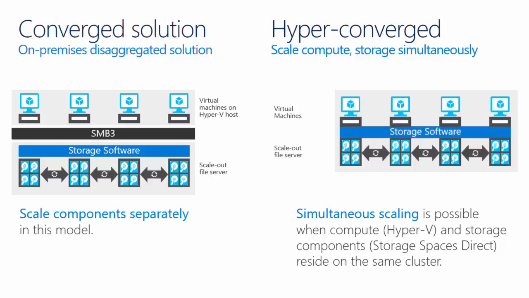Other things to take note of: because we're doing synchronization of data between those scale-out file servers, which are effectively part of the same solution, with the Hyper-V hosts and scale-out file server rolled into one, you really need to seriously consider what kind of processing power is required and what kind of networking fabric you need between those servers.